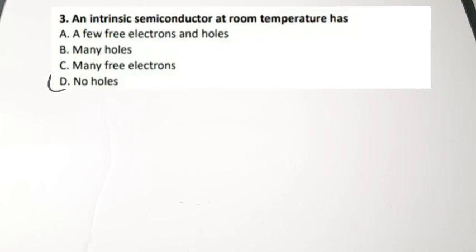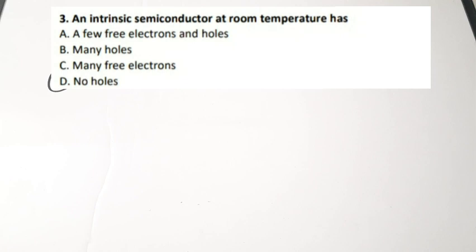Even though we know all these question answers, sometimes you may find them a little bit tricky. So you should practice these MCQ questions. That's why I'm making these videos. The third question is from semiconductor theory. An intrinsic semiconductor at room temperature has dash. A, a few electrons and holes.